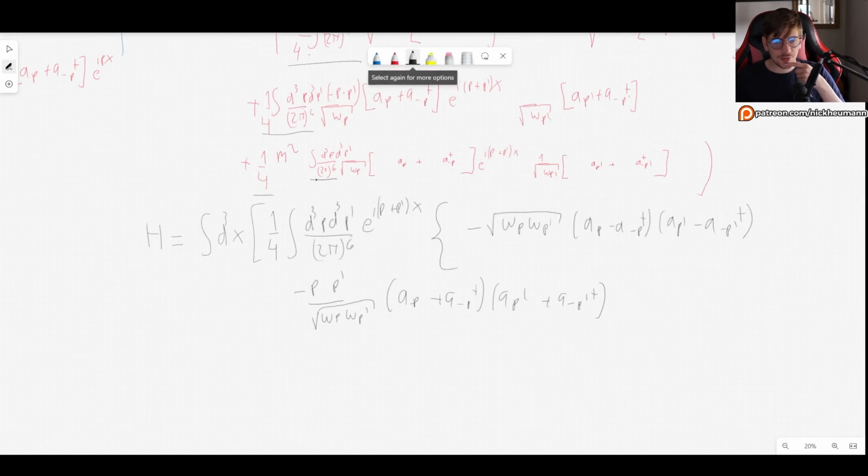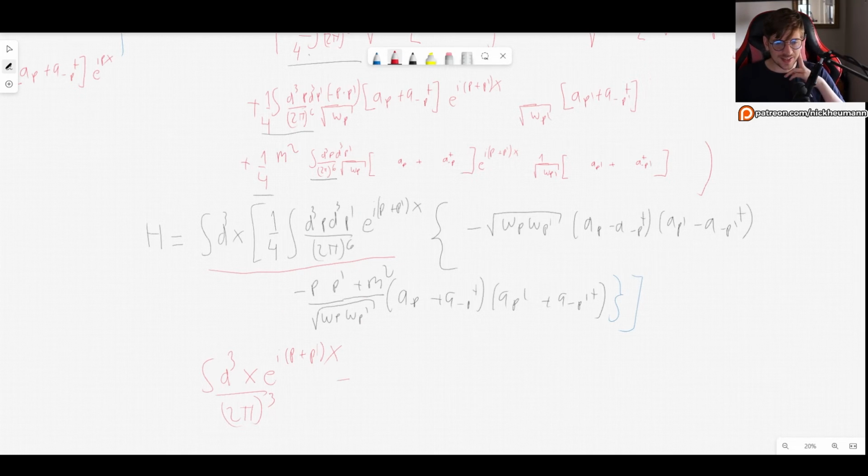And now the third part here with the mass, this would be plus m squared, but now everything else is exactly the same as we just had, so we can just factor it in here, m squared. That makes things a lot simpler for us and a lot nicer. Okay, so now notice that what we have in this part is the following. We can take d^3x e^{i(p+p')x} over (2π)^3.